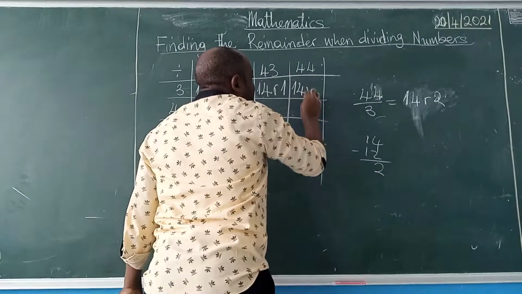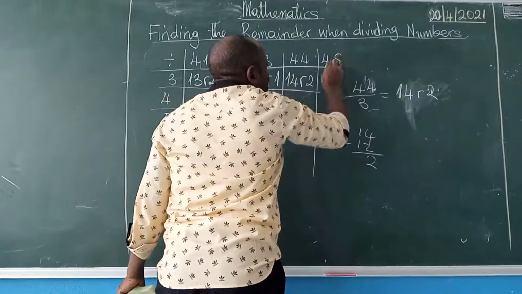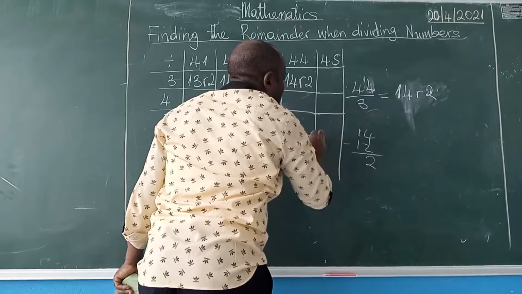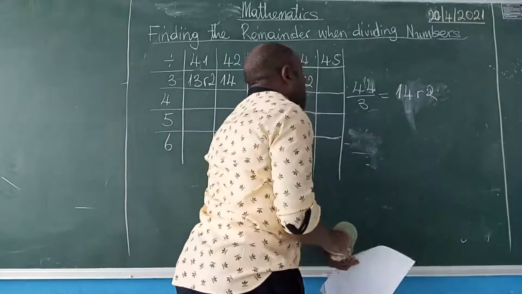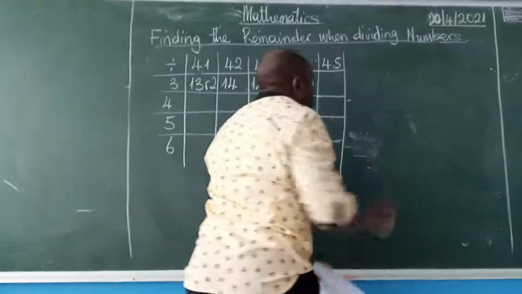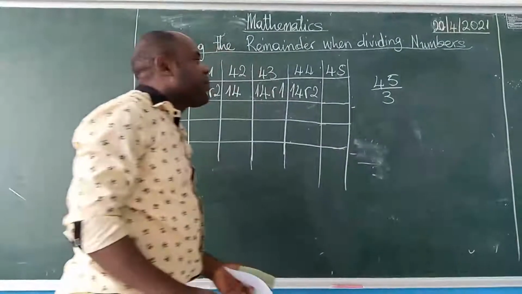If I add here 45, let's see what will happen. 45 divided by 3.